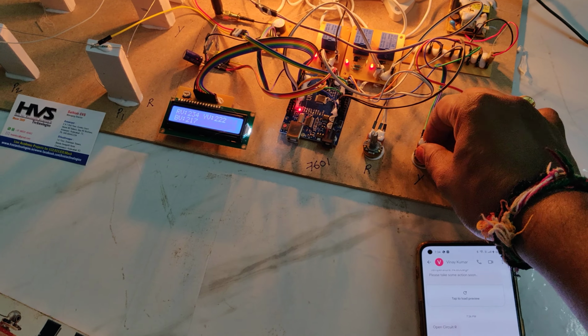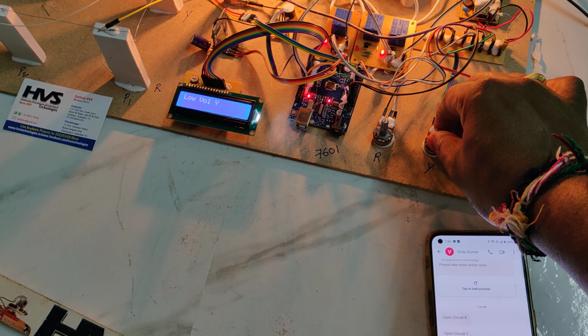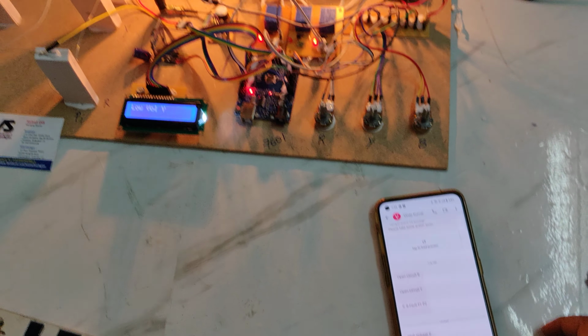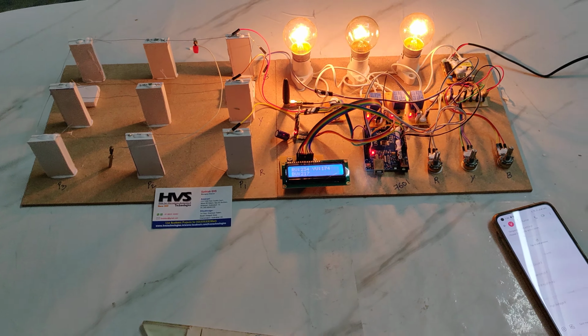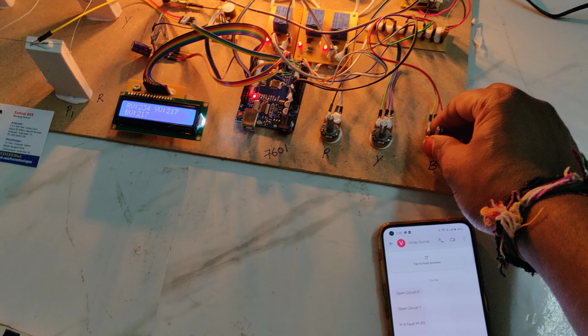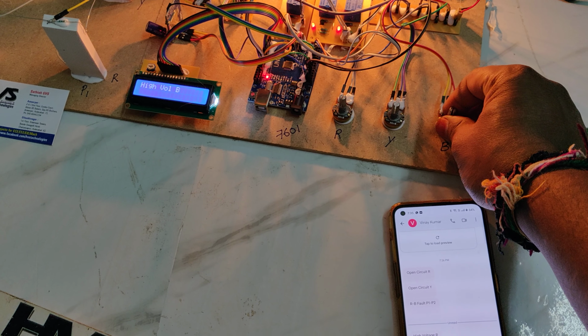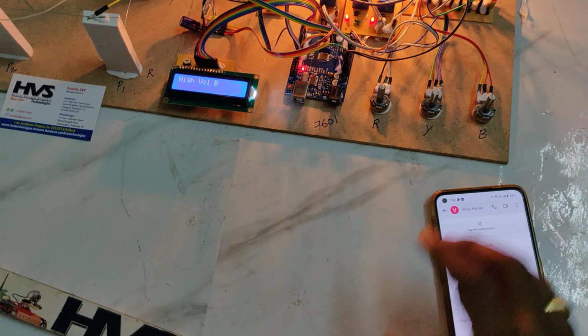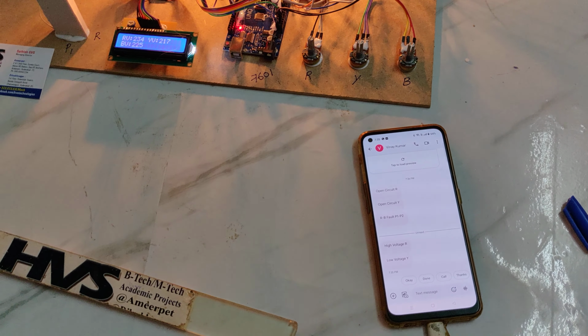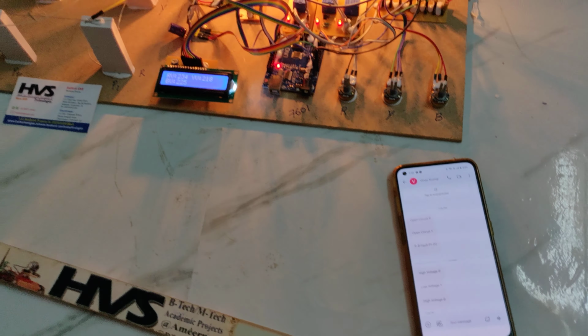Same thing, low voltage in Y phase, and the respective bulb also got switched off. Right, we got the low voltage in Y phase, and here high voltage. Right, we got the message.